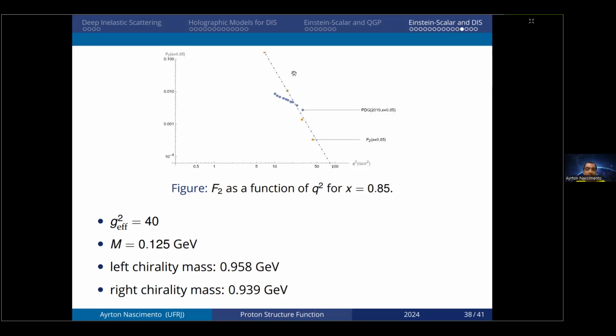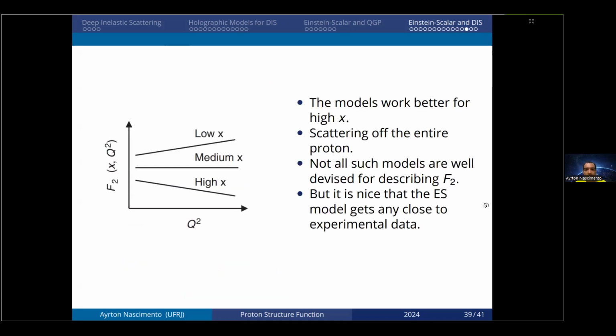So even though it's not a good model for deep inelastic scattering, you still get really close to experimental data, and you reproduce some previous behavior of other holographic models.